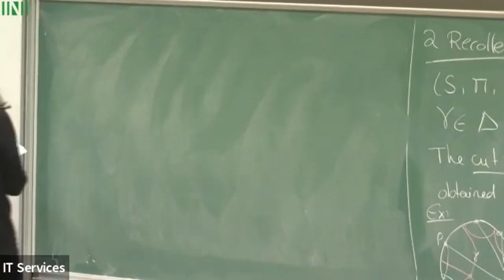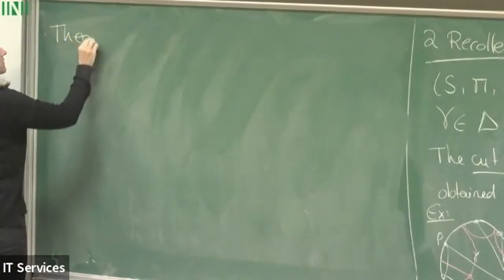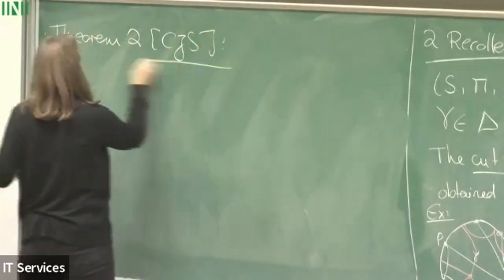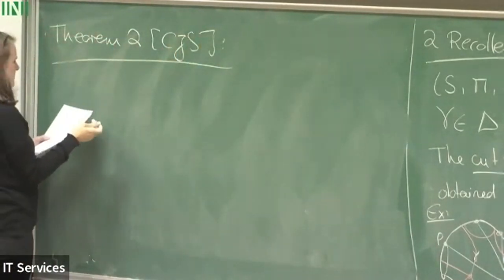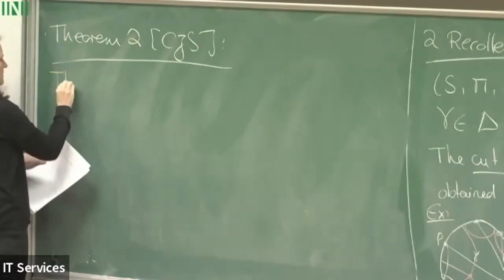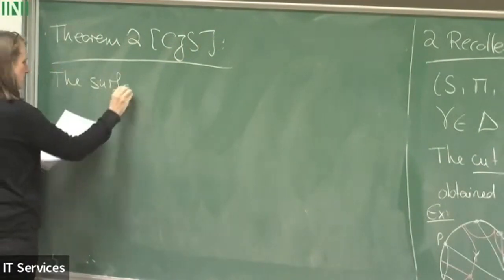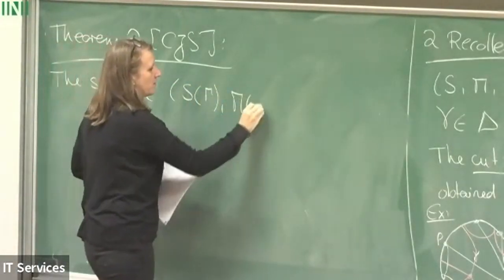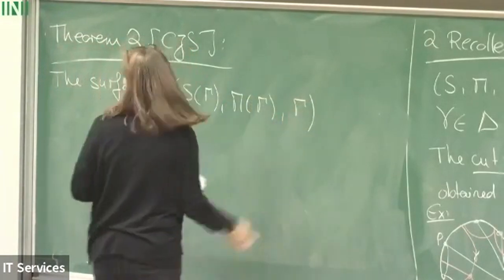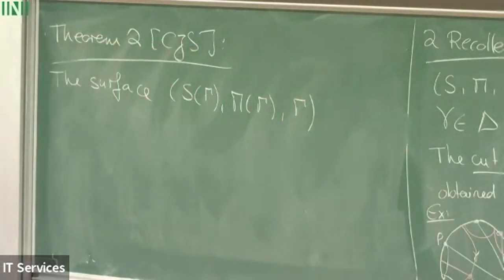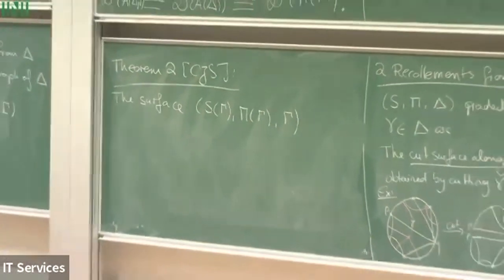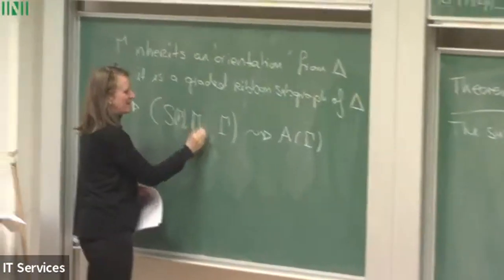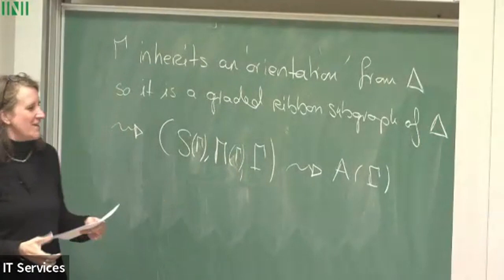So this is theorem 2. The surface S of gamma, M of gamma, I don't know how I wrote it before. This was very unfortunate because, of course, I use this notation for the cut surface and also for the surface generated by the ribbon graph.